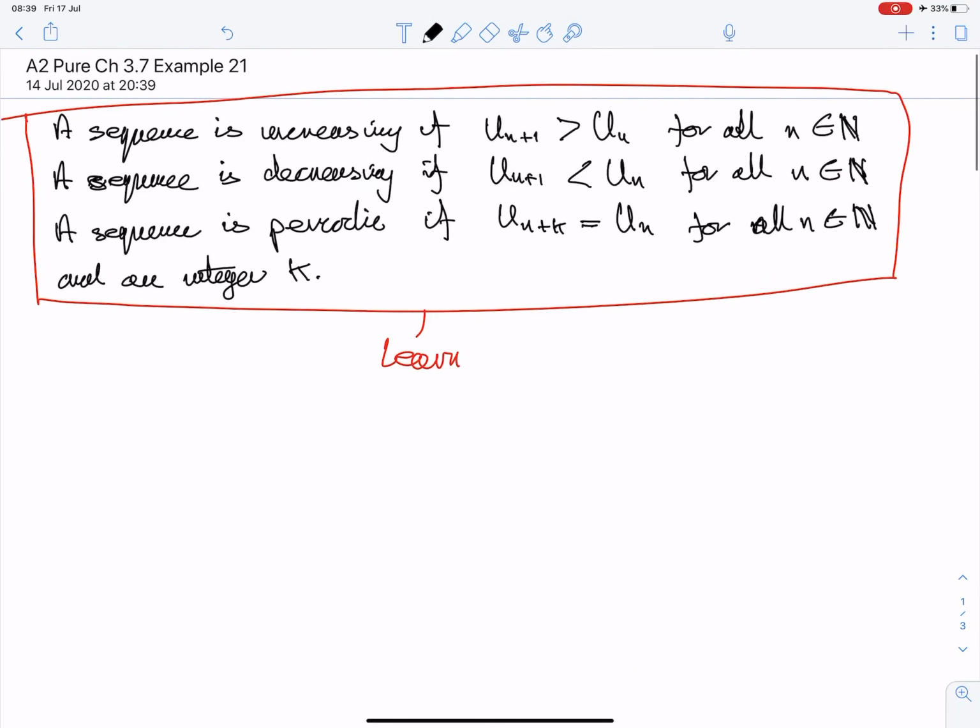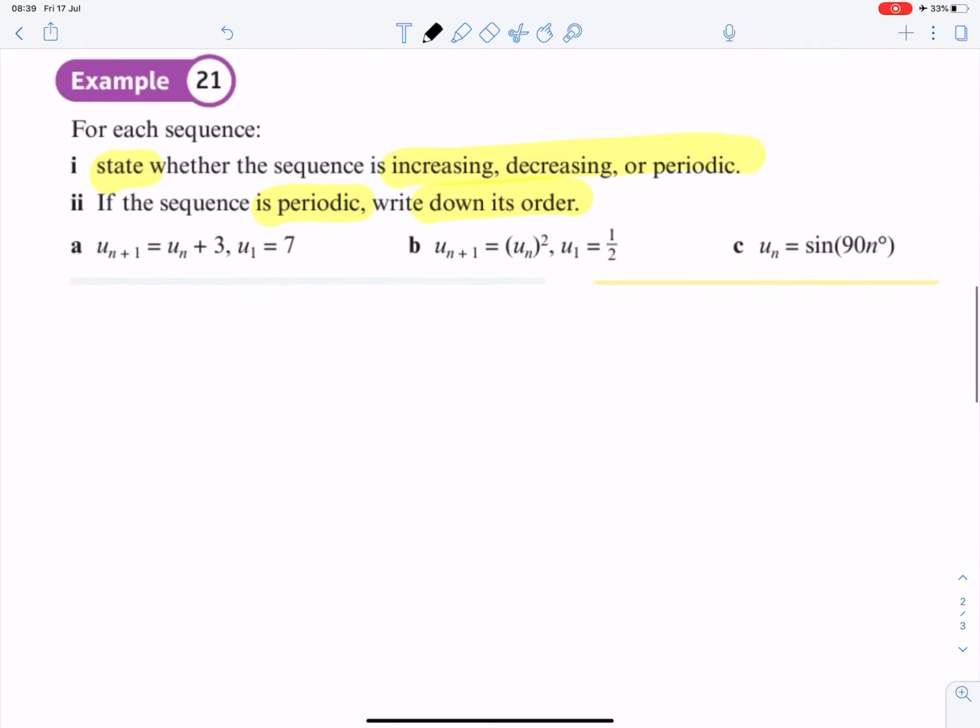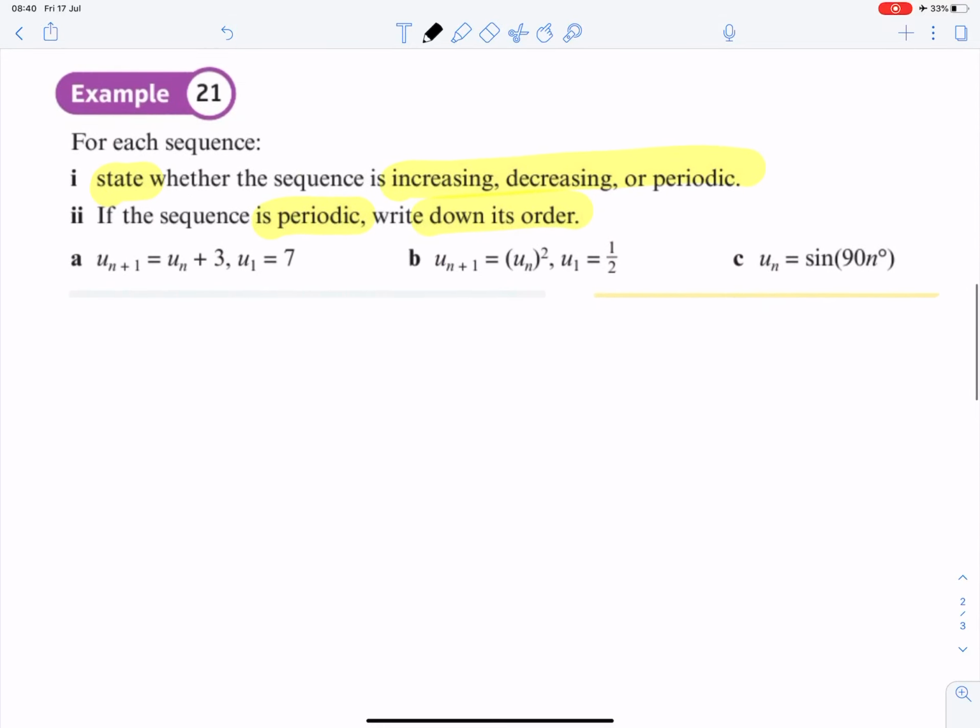The sequence is periodic for all n, remember that, and for an integer k, which is the order of the sequence. Sorry, I missed that out before. Okay, so let's carry on here.